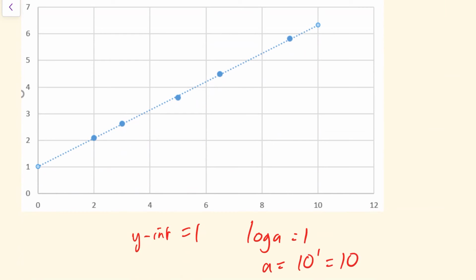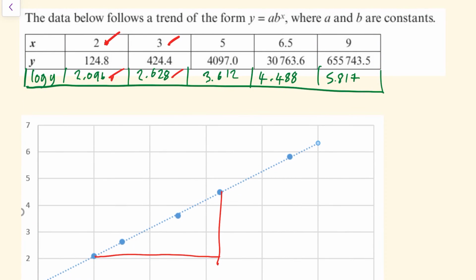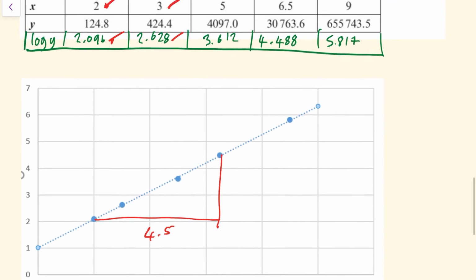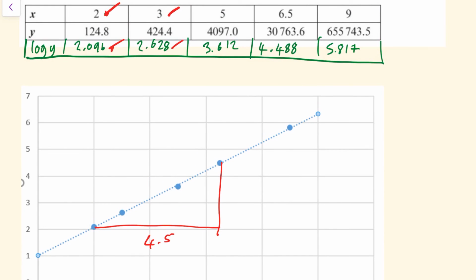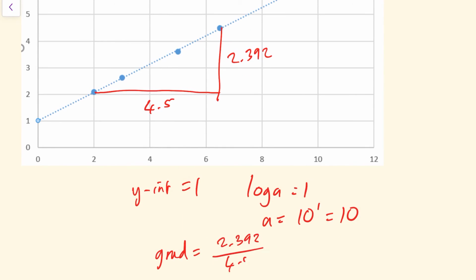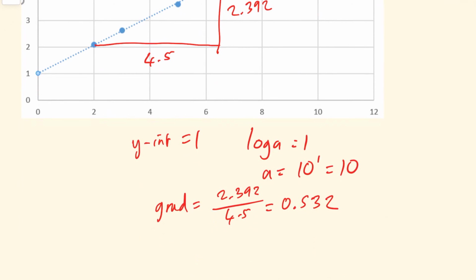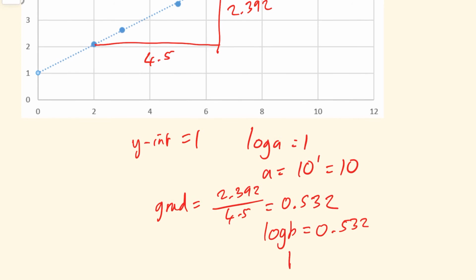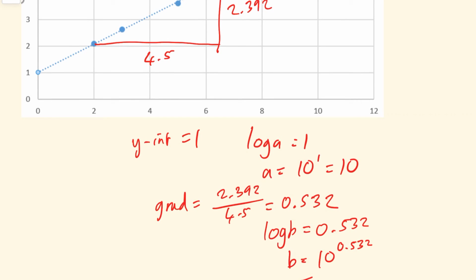Looking at our gradient again, doing the same calculation to work out the gradient, our gradient is log b equals 0.532, so b equals 10 to the power of 0.532, and that comes to 3.4.